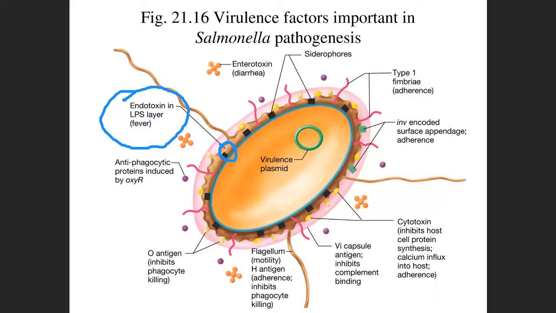So if you've heard about sepsis, where you have a bacterial infection, and if you kill all the bacteria, you'll get a sudden drop of your blood pressure, and that is in part due to the release of the endotoxin.